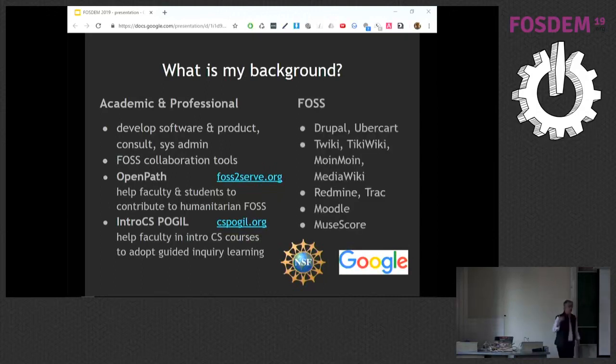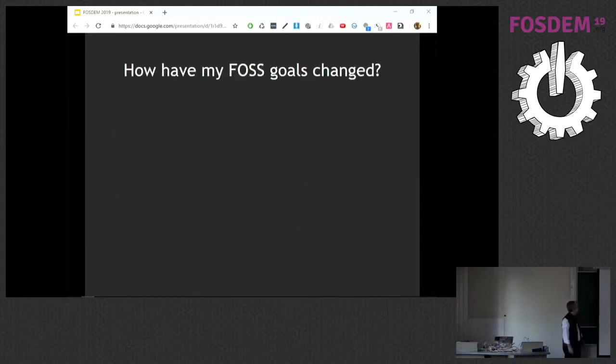On the FOSS side, again, sort of jack of all trades, master of none. Mostly I've been working with collaboration tools, wikis, content management systems, Moodle, obviously as a professor, a little bit of music, lots of different things. So my goals with FOSS have really changed over time.